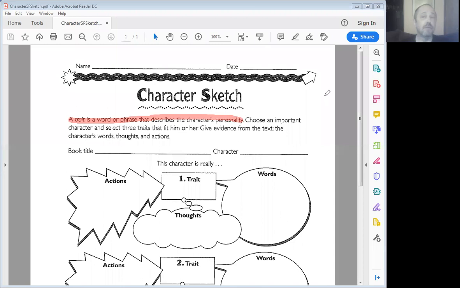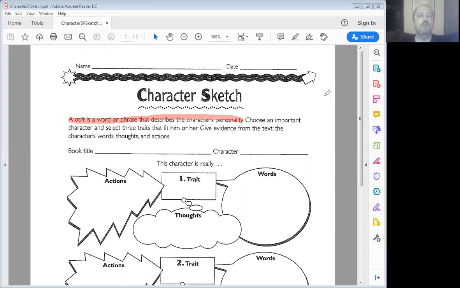And that's the key thing we're focused on, is their personality. We're not really concerned with what they look like, what color hair they have, what color eyes they have. That's usually not that relevant. Although in some situations, the character's appearance could be part of their personality, of course.